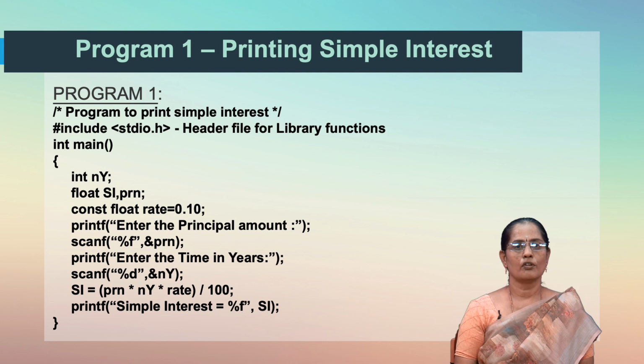Since it is in the form of a floating point value, that is a real value or an amount, we are displaying that using the symbol %f, which is used to denote a floating point value. Anyway, in the subsequent lectures, we will be focusing more on data types and the ways in which the data types could be handled.